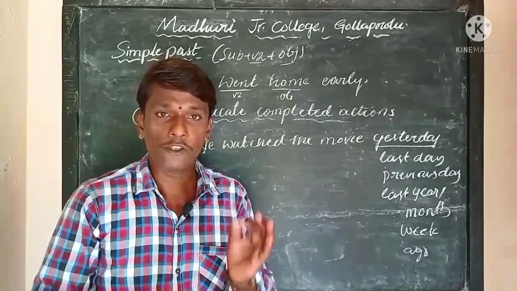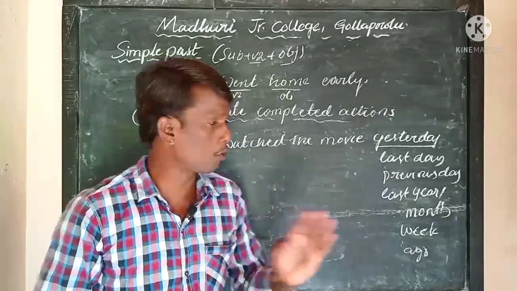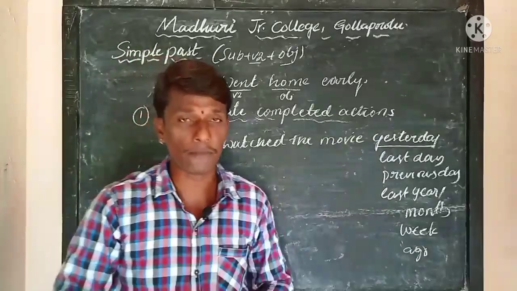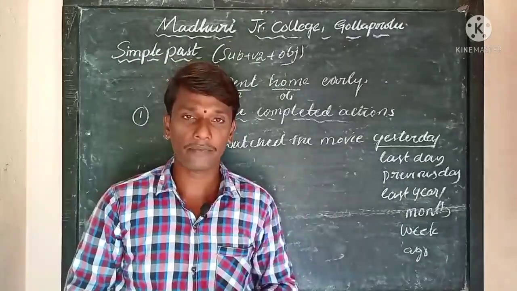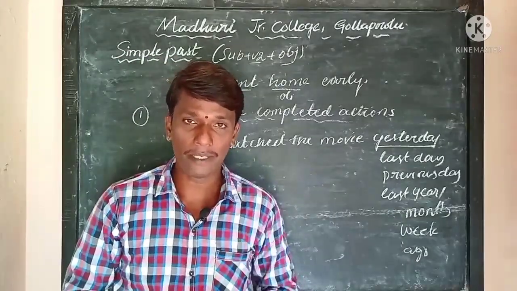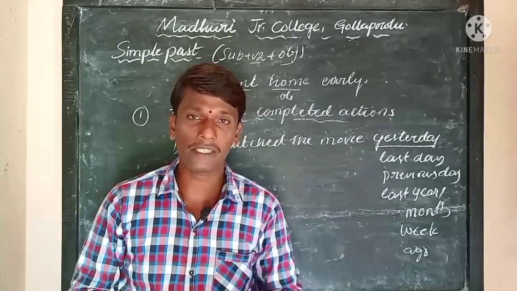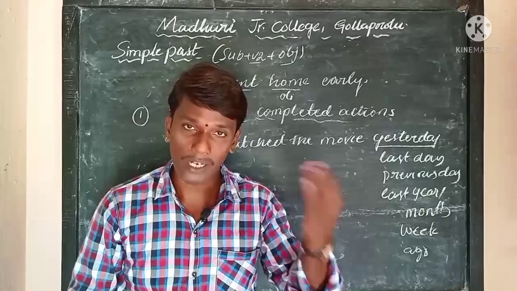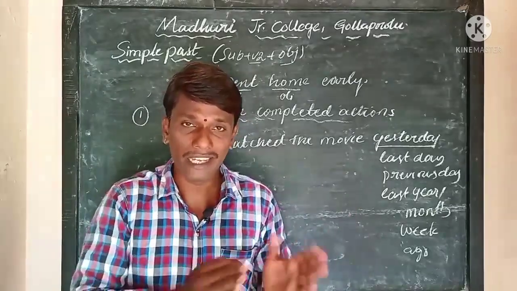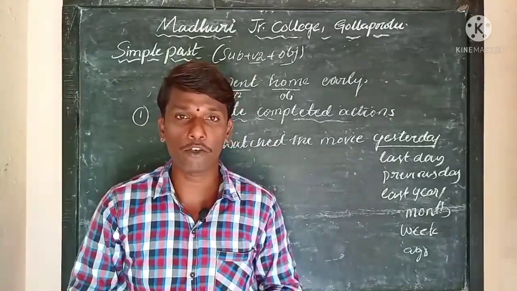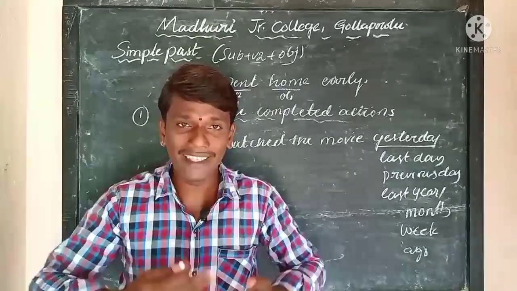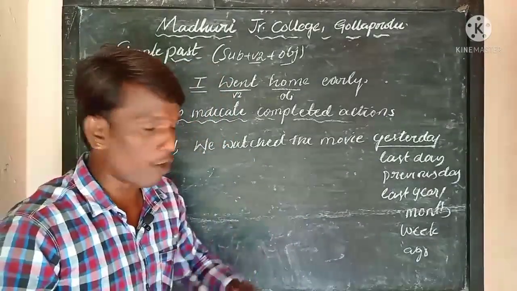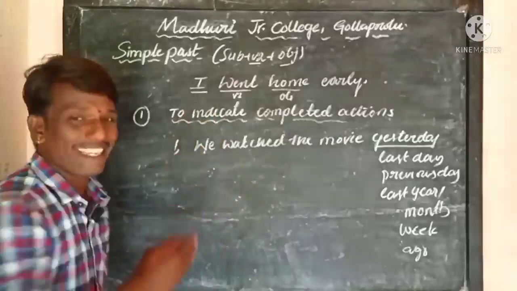When you find a sentence with adverbs of time like last season, 2 hours ago, 2 minutes ago, by finding all these we can say that the given tense is simple past tense.